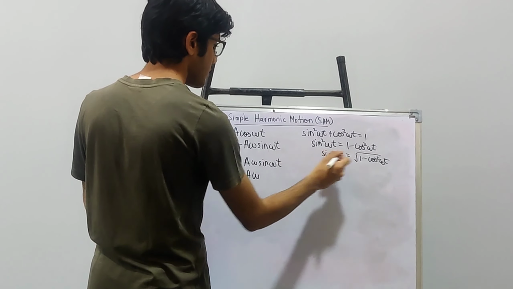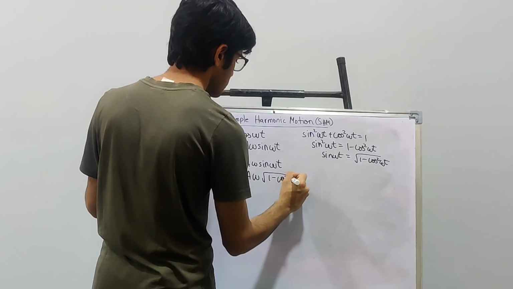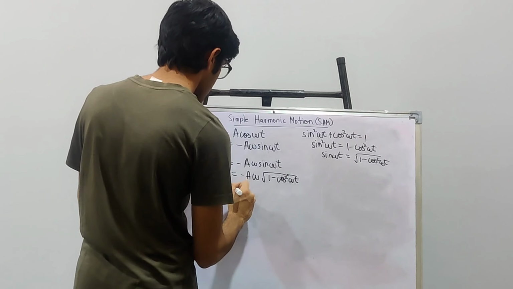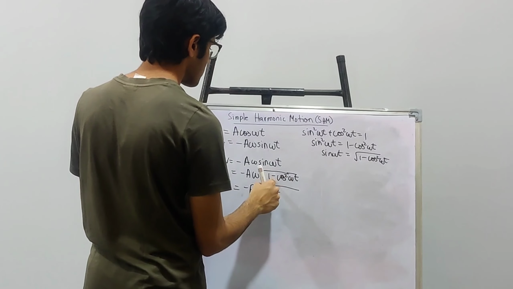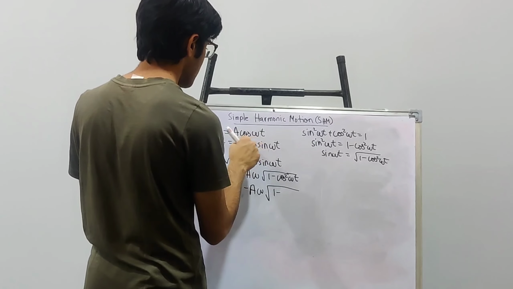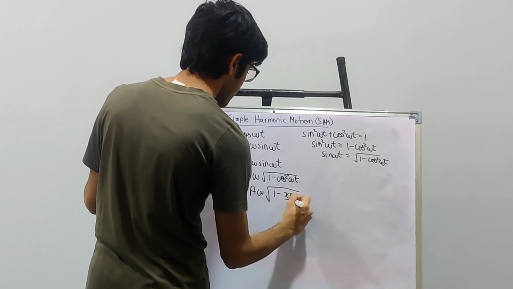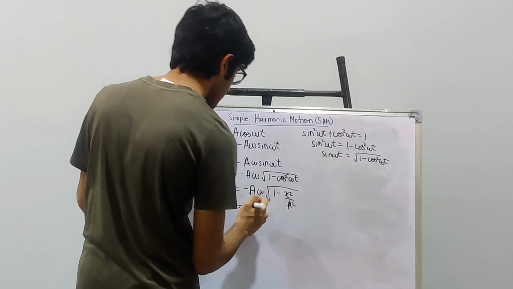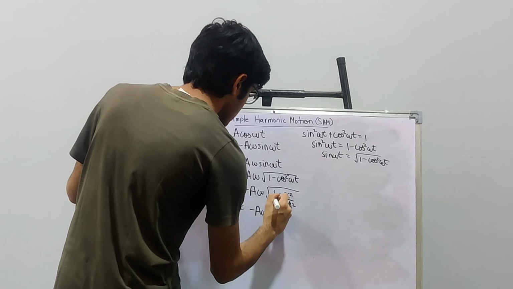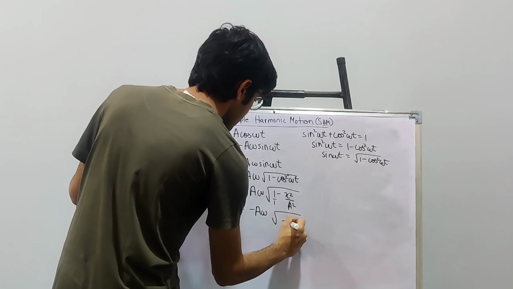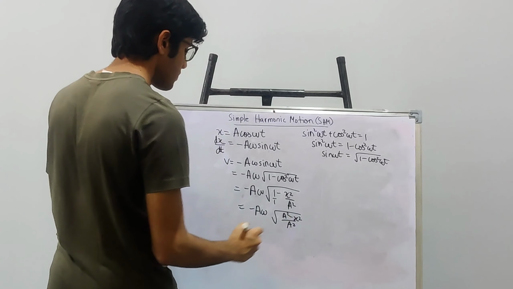So we can replace sin omega t with this, and we get the root of 1 minus cos square omega t. Now cos square omega t, when we square this, becomes x square by A square. A here is the amplitude. Minus A omega, and when we take the LCM, we get A square minus x square.